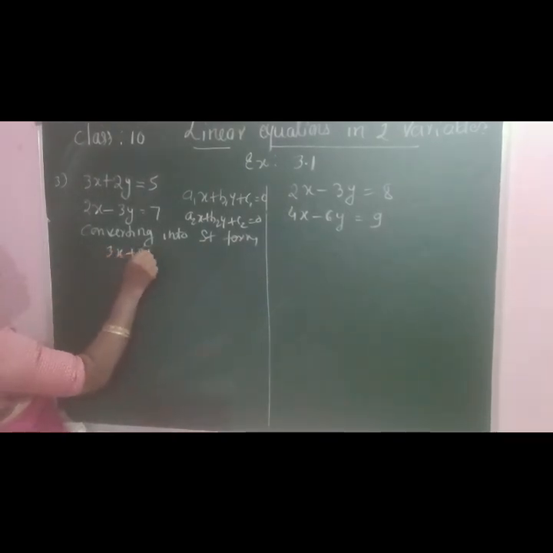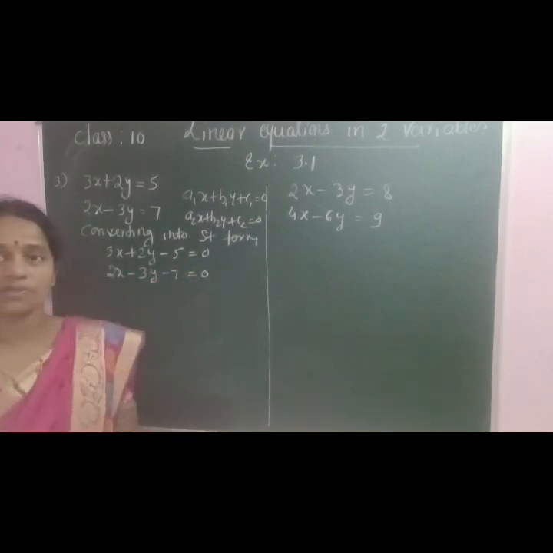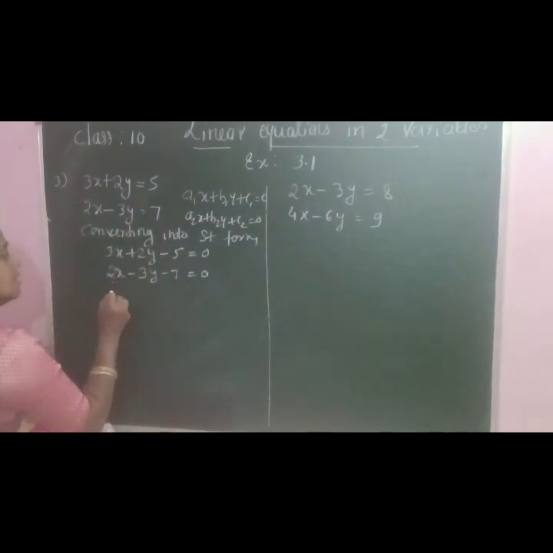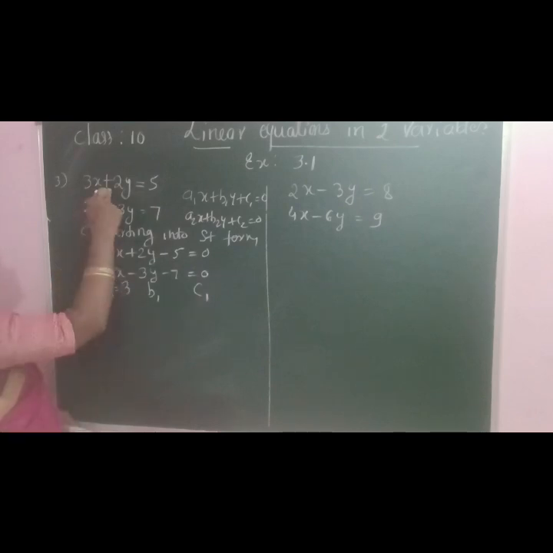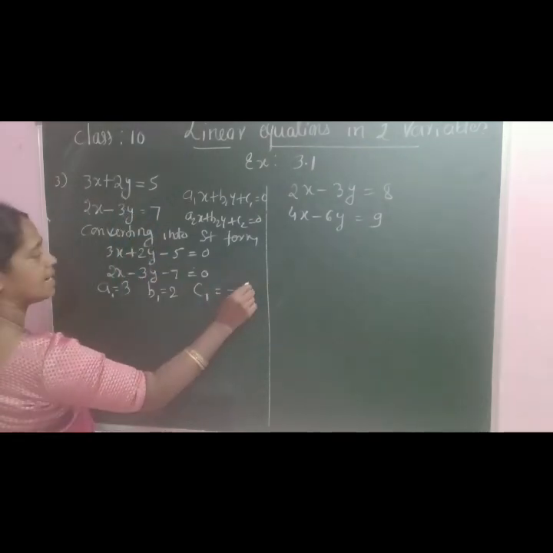3x plus 2y minus 5 is equal to 0. The second equation, 2x minus 3y minus 7 is equal to 0. Next, write a1, b1, c1. What is a1? a1 is plus 3. Next, b1 is plus 2 and c1 is minus 5.